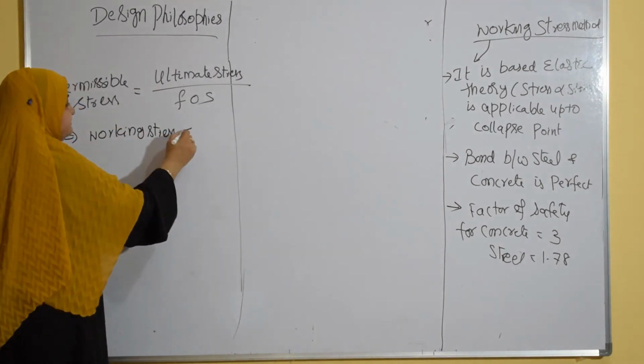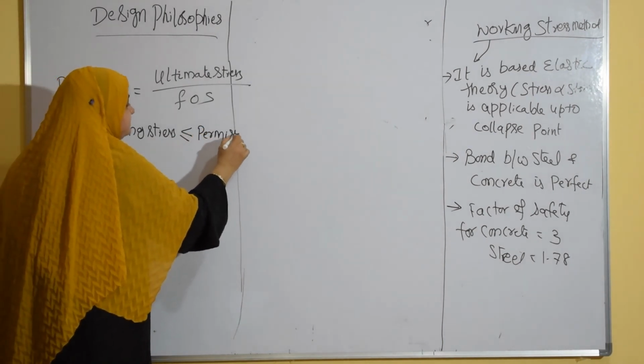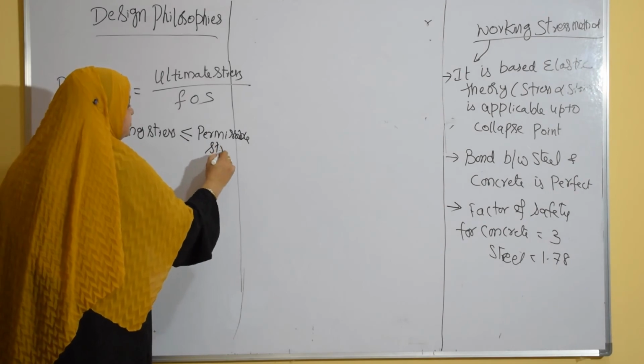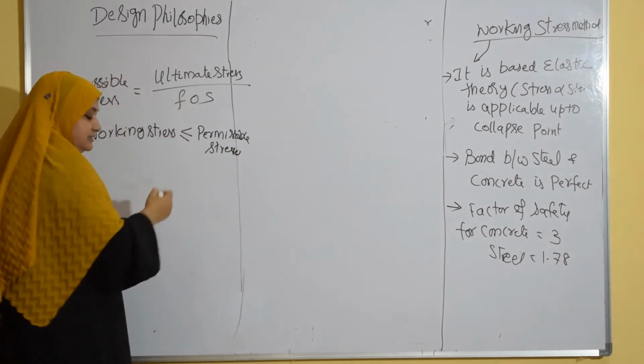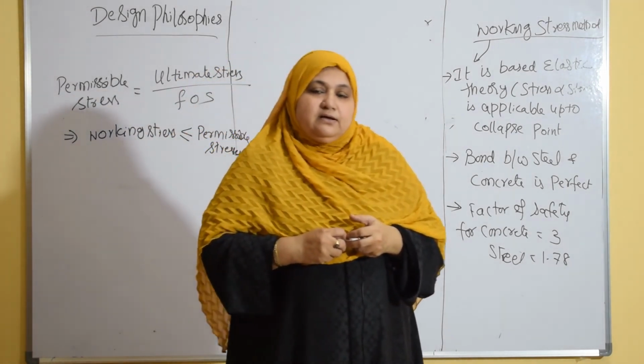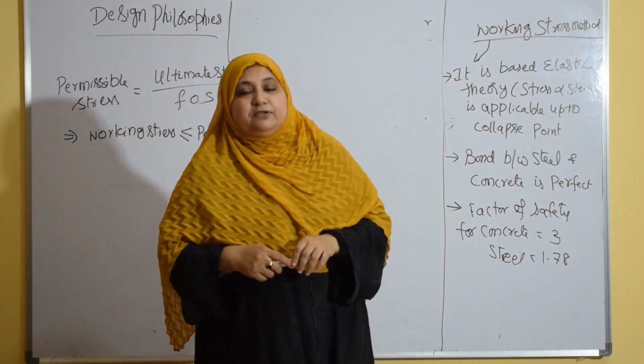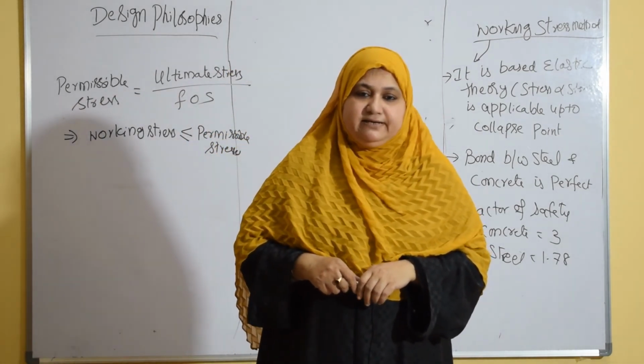Those stresses will be less than, or at maximum equal to, the permissible stresses. So in working stress method, the factor of safety is given only to the stresses, right? You should remember these numbers: the factor of safety for concrete is 3 and for steel it is 1.78.